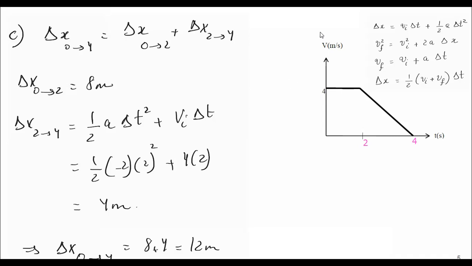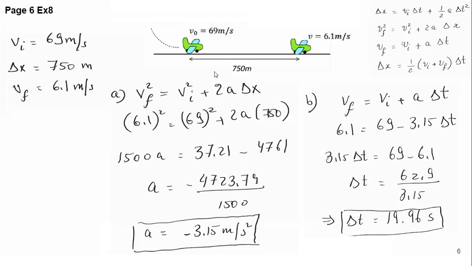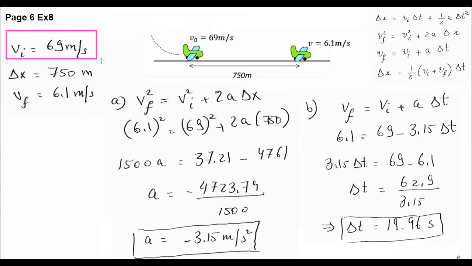Okay, let's solve more questions. Okay, page 6, example number 8. A jetliner traveling northward is landing with a speed of 69 meters per second. So what is this 69 meters per second? It is V initial.